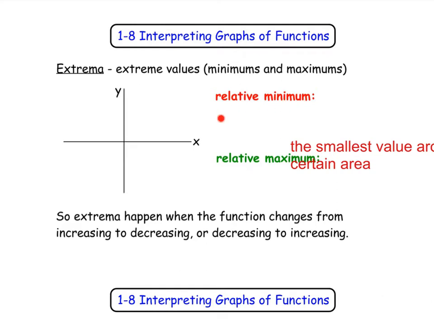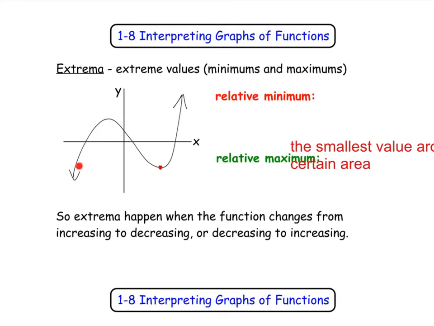So relative minimum is the smallest value around a certain area. And the reason we say a certain area is, if I draw that same graph we've been using, this point right here is the smallest value around this area. So we would call that a relative minimum. And the reason it's just a relative minimum is because it's just around that area.